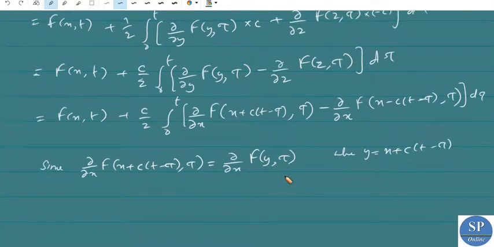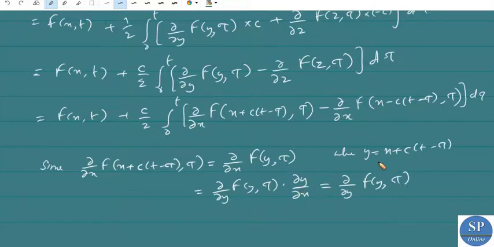Okay, so this is equal to, we can apply the chain rule, dou by dou y of f of y comma tau into dou y by dou x, plus dou by dou tau of f into dou tau by dou x, which is also 0. So this is equal to dou by dou y of f of y comma tau into dou y by dou x. Dou y by dou x is 1 here. Okay, dou y by dou x is 1.